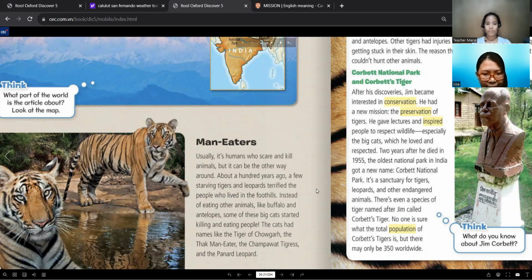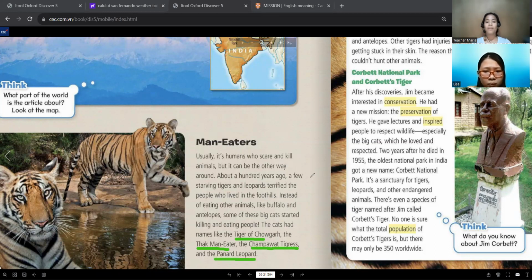The tiger of Chowgar, the Thak man-eater, the Champawat tigress, and the Panar leopard. Yes. Tiger of Chowgar. Very good. The Thak man-eater, the Champawat tigress, and the Panar leopard.